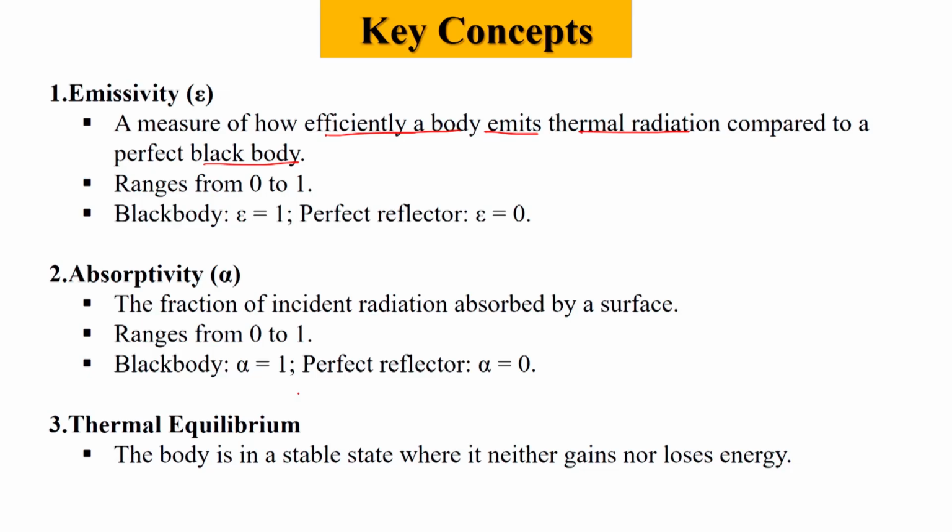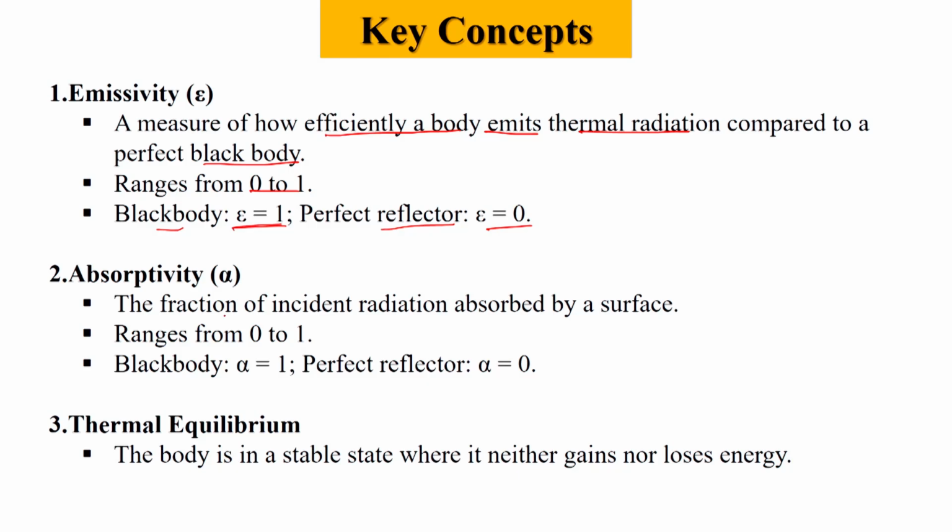This value ranges from 0 to 1, and for a black body epsilon is 1, meaning it emits all the radiation and absorbs all the radiation, reflecting nothing.